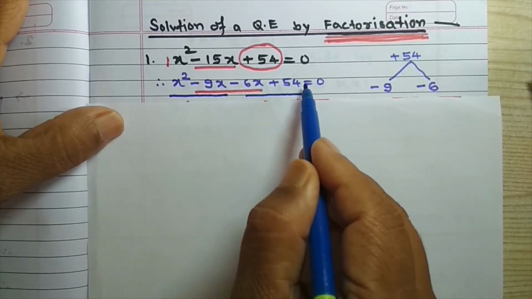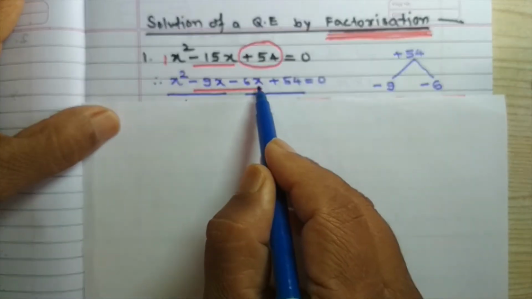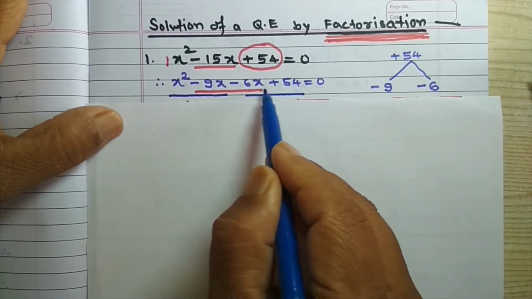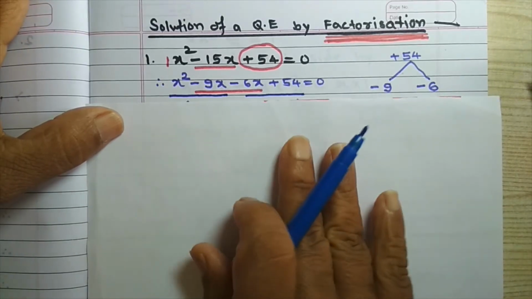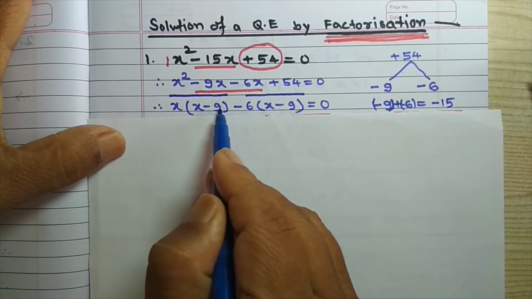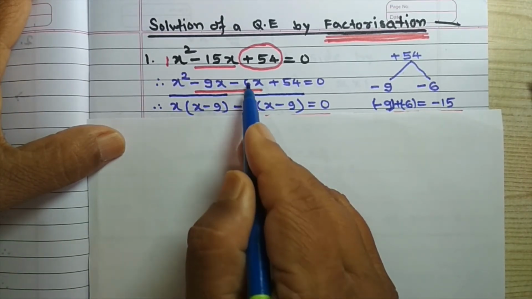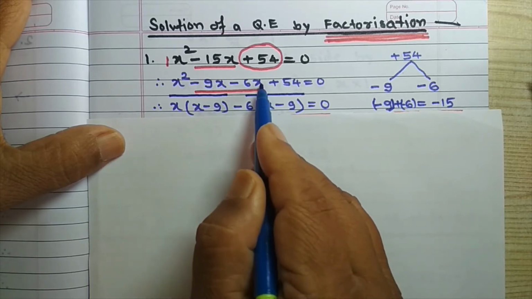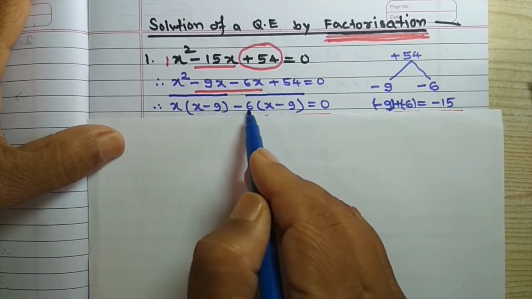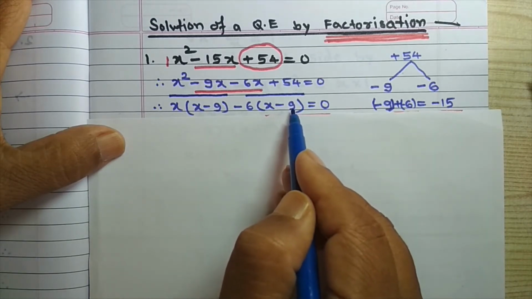In the second two terms, −6 is the common, therefore in the bracket there will be x − 9. 6 nines are 54, that's why minus 9 here.